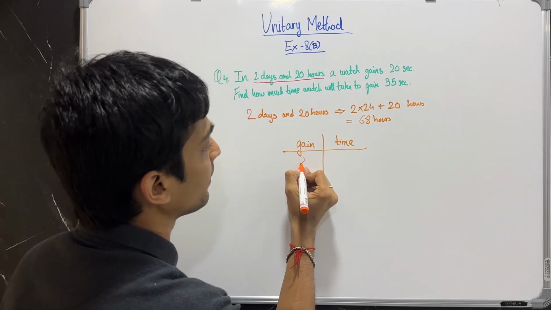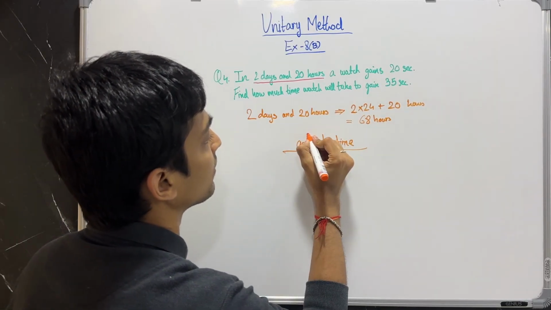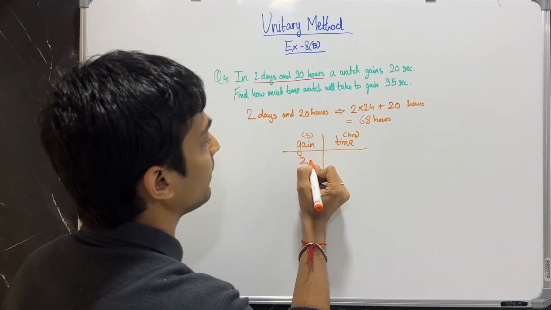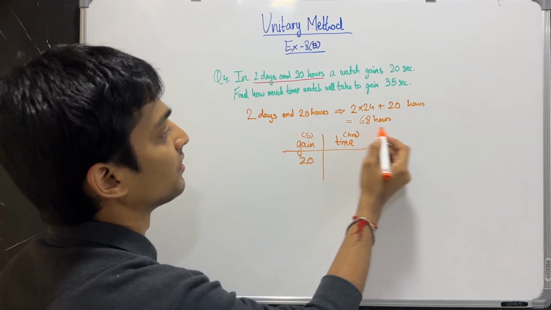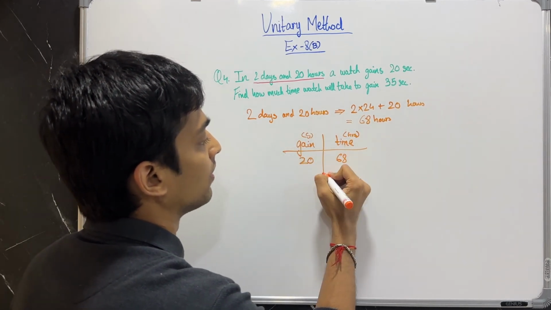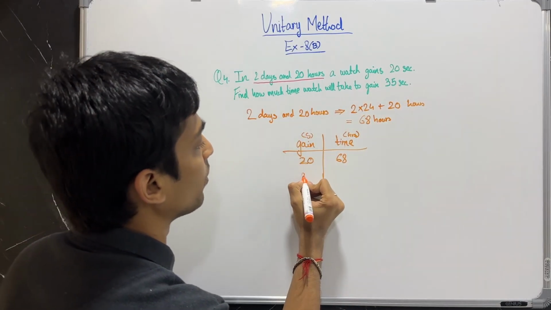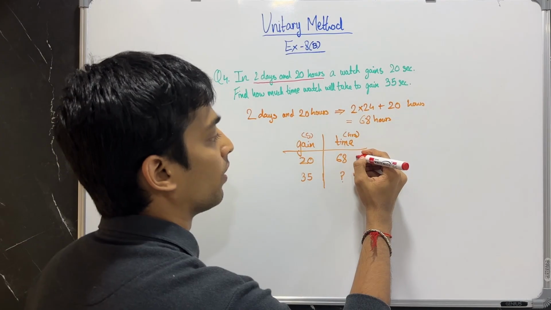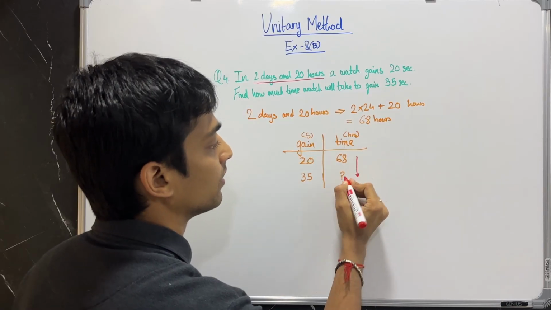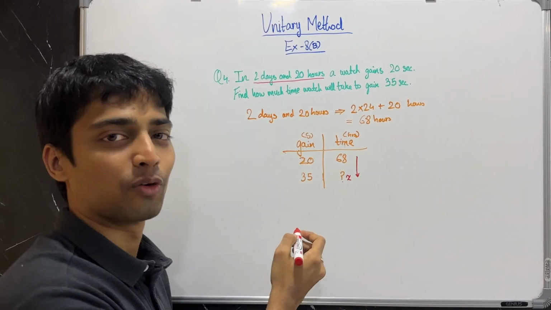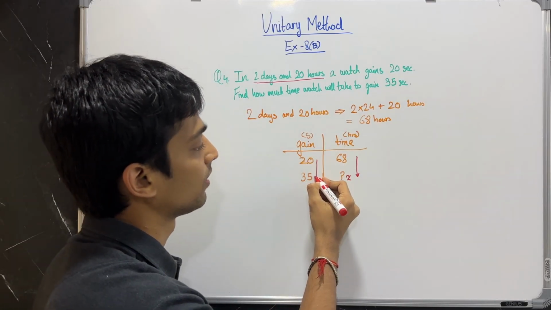So for 20 seconds gain, this is in seconds, this is in hours. For 20 seconds, the time is 68 hours, and for the gain of 35 seconds, we want to find out the time. Draw a downward arrow here always.